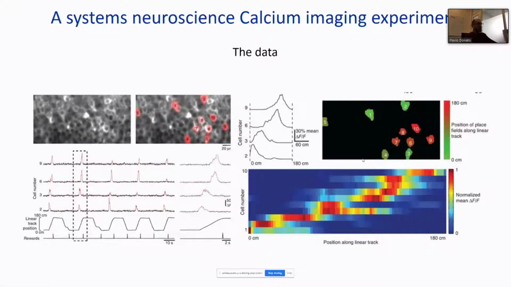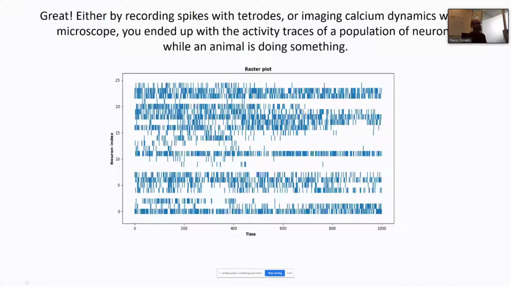Most of the time, what you end up with is something like this, the same thing that we ended up with yesterday, if you remember. So you end up with a raster plot of the activity of individual neurons over time, and you have to try to make sense of what each of these neurons is trying to say when the animal is doing something. And how you do that is the topic of tomorrow's presentation.